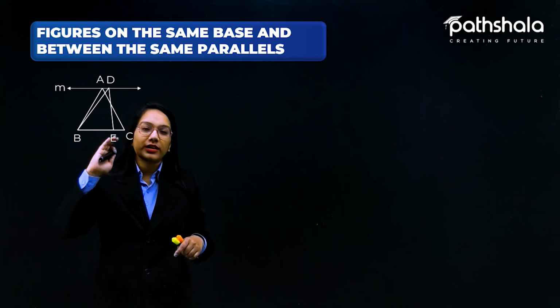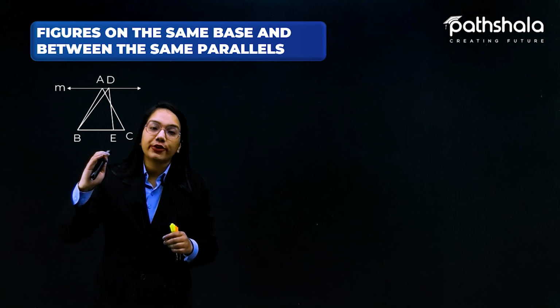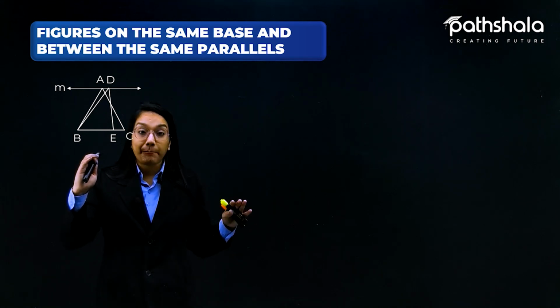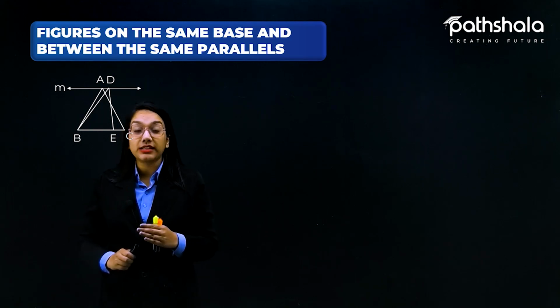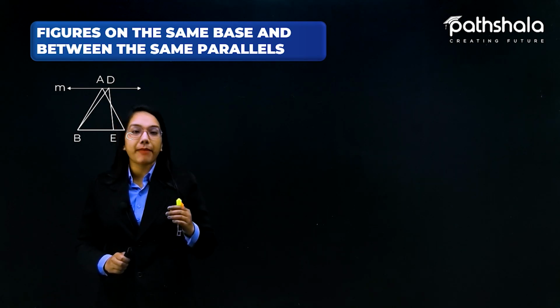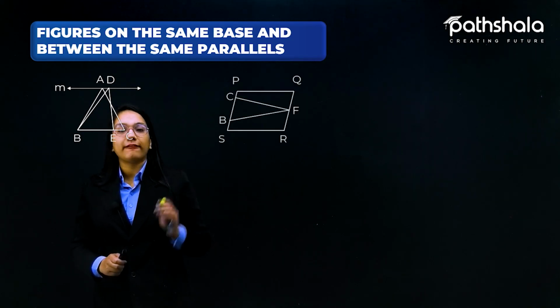So what we can say for this figure is that it is not on the same base but between the same parallels. The same condition we can say for the second figure.